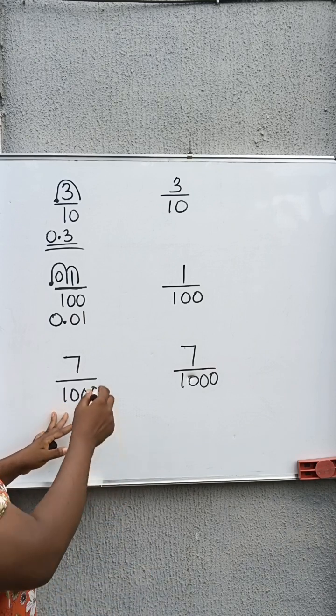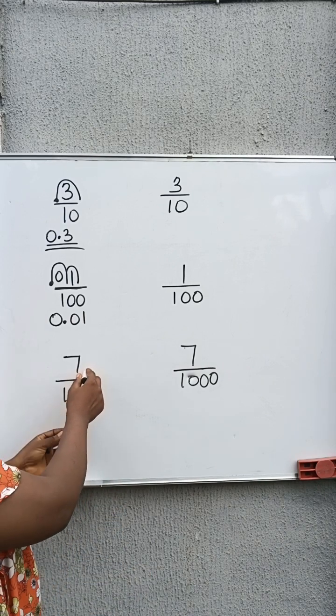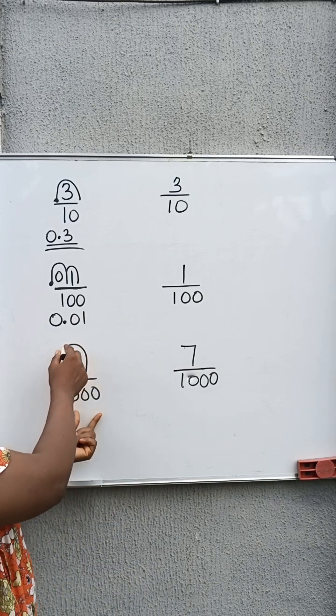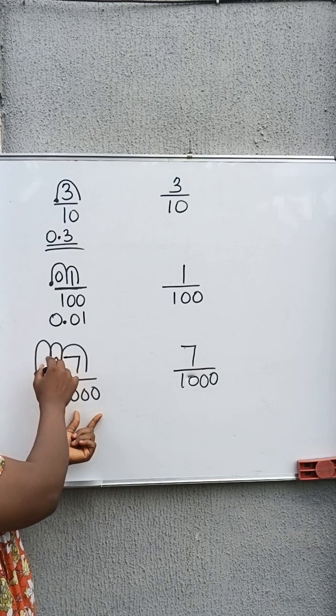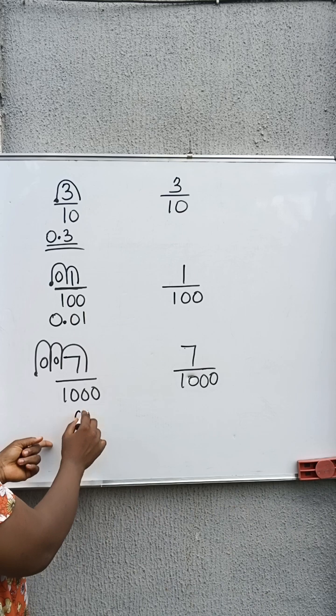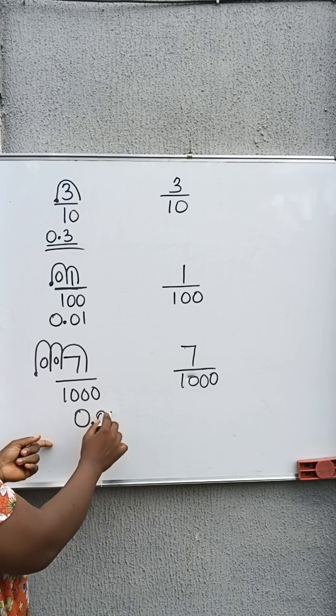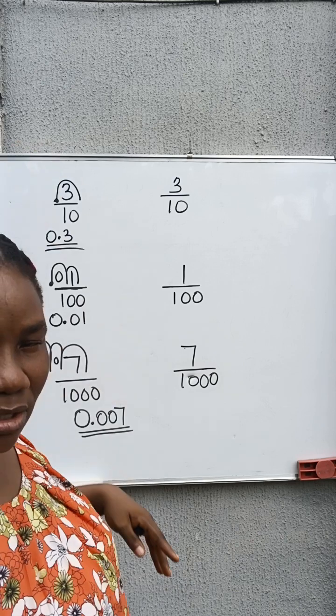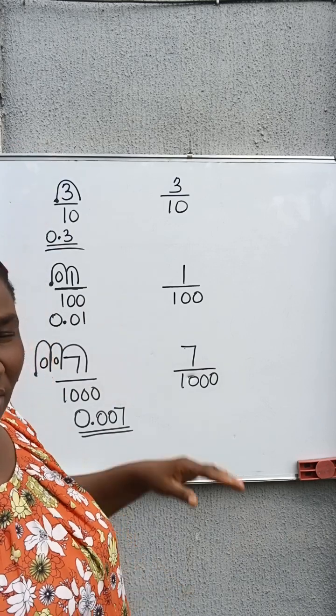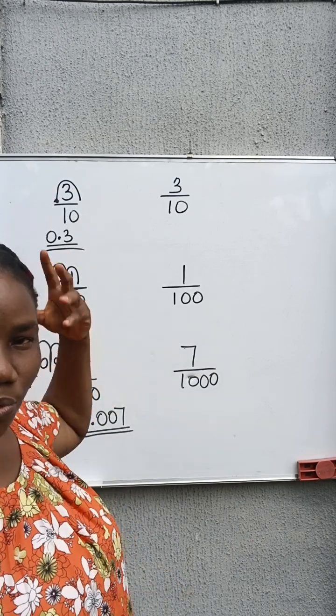For number 3, place your hand and move backwards 3 times. 1, 2, 3. 0, 0. So we have 0.007.